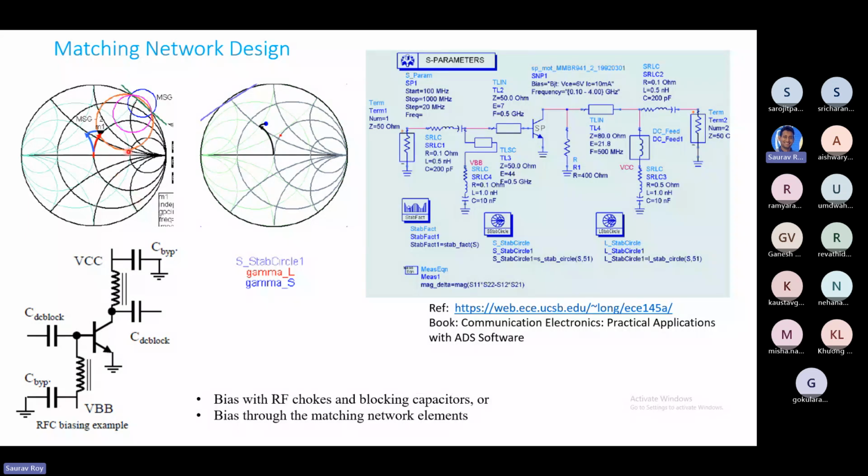So your task is to find out this point. What is your operating point so that you have the gain and stability. Let's say this is the M1 marker here, the black marker. We have chosen this point. So we know the gamma L, right? And from this same gamma L, we have found out gamma S also. This is the blue point. So gamma L and gamma S are the load reflection and source reflection coefficients.